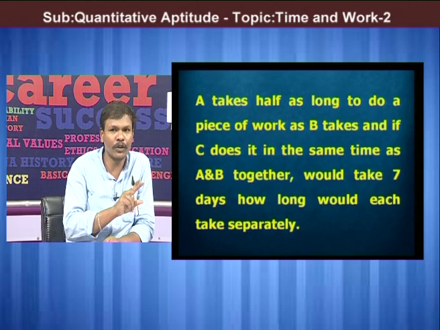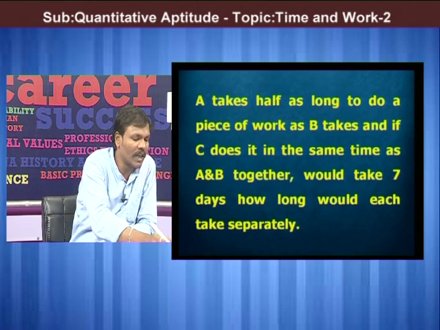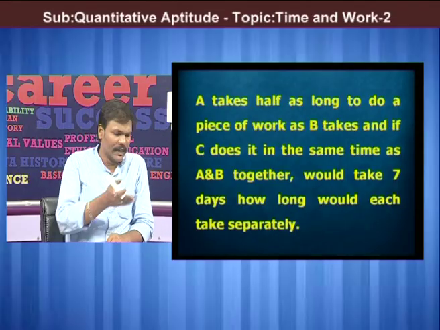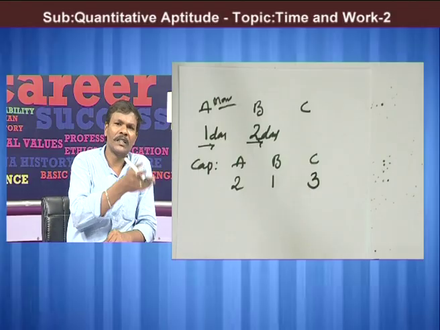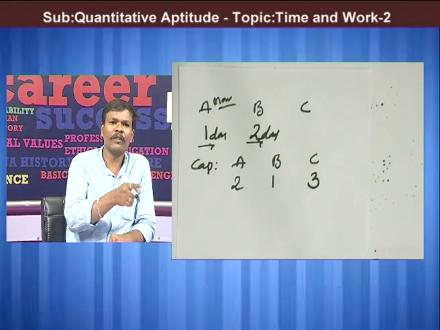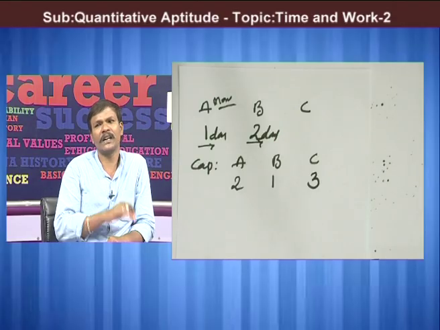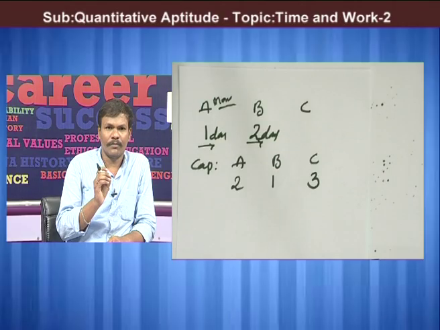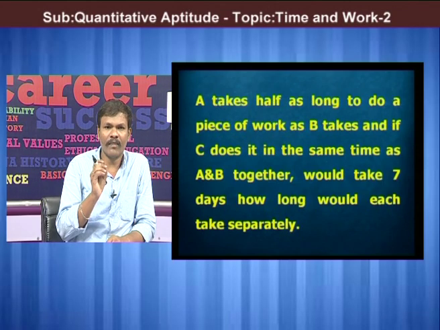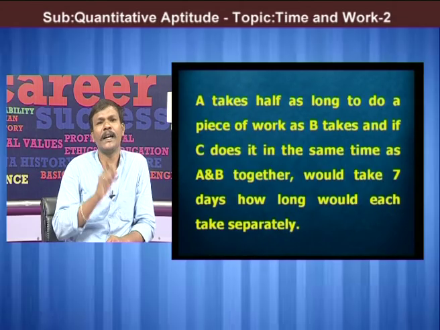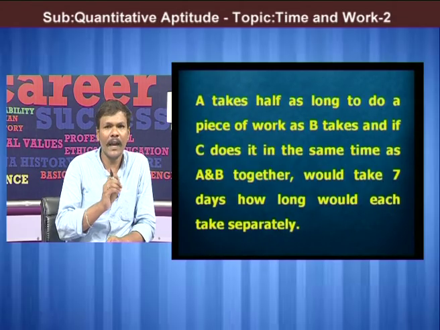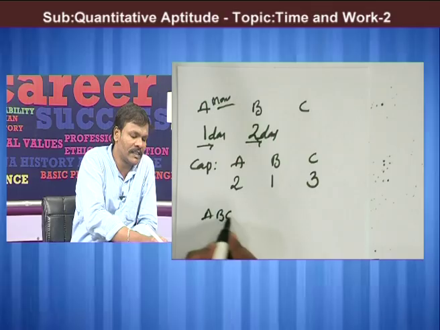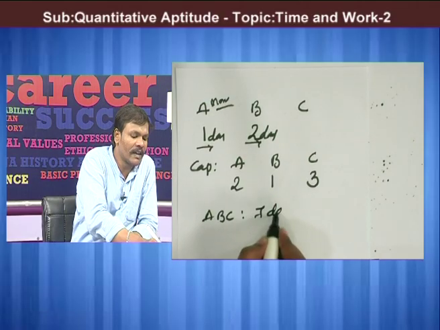So C has the capacity of A and B both together. That is simple. A capacity is 2 parts, B capacity is 1 part, C is A and B both, so that is 3 parts. So capacities are clear. The question is, A, B, C all together take 7 days.